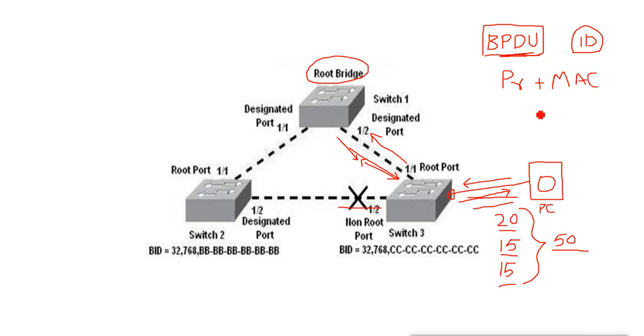Now first, what does it do? First it will check the priority. For the election, they check the bridge priority. Whichever switch has the lower bridge priority, that switch will win.